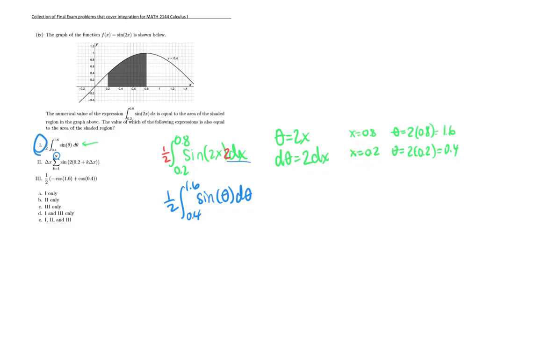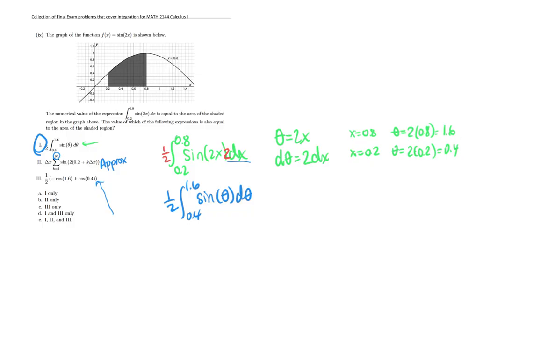I don't have the limit as n goes to infinity, so that one is going to be an approximation within rectangles. What about this one? Negative cosine of... Okay. So that one, let's see here.